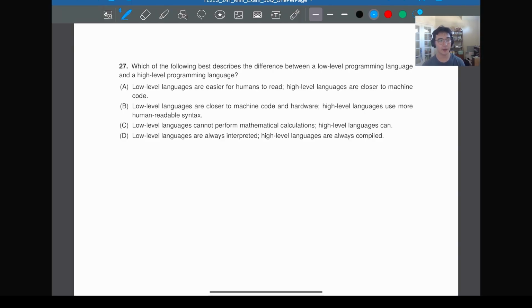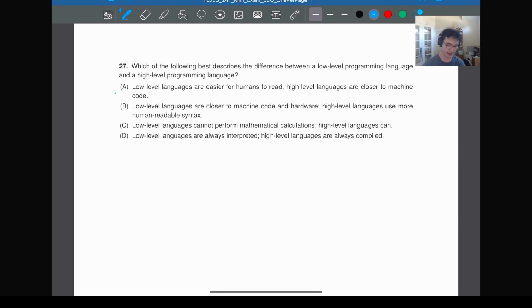A, low-level languages are easier for humans to read, and high-level languages are closer to machine code? No, that's false. Java and Python, which are high-level, are easier for humans to read, while assembly and machine code, which are low-level, are closer to machine code. So A is the opposite.